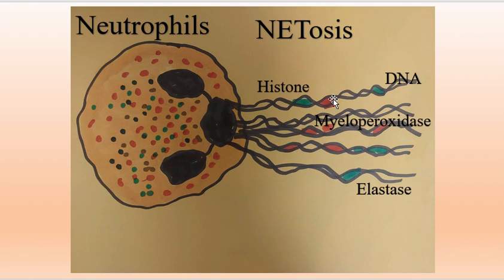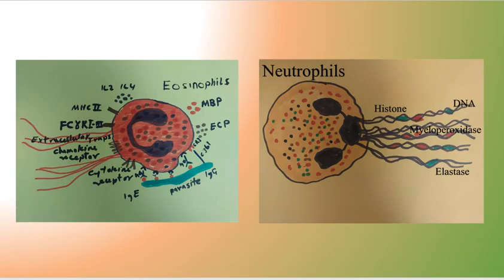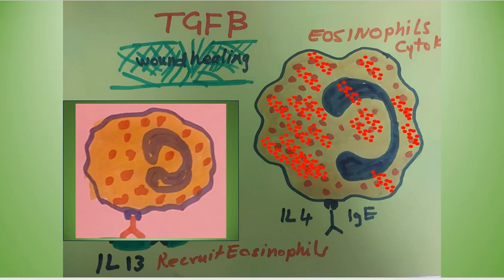However, when it is done, they phagocytose their nets. This process is known as NETosis, or neutrophil extracellular trap formation. Here is the comparison between the nets by the neutrophils and the extracellular trap by the eosinophil.